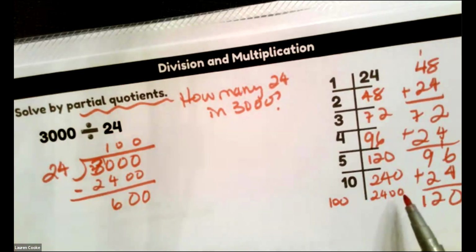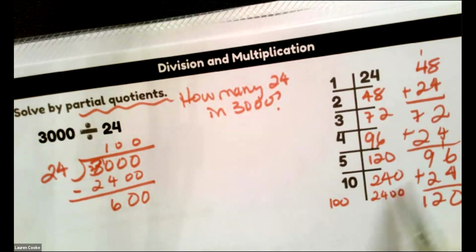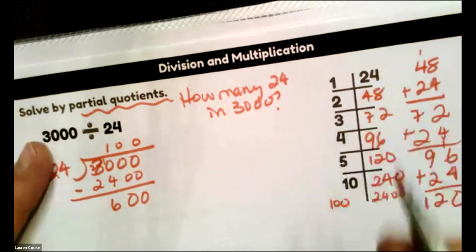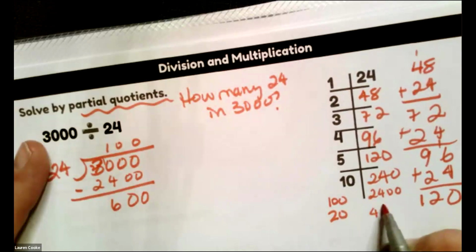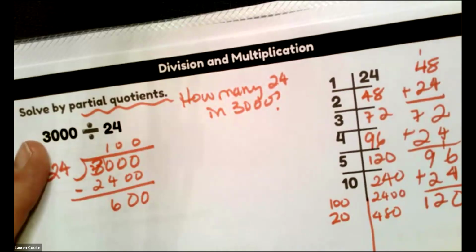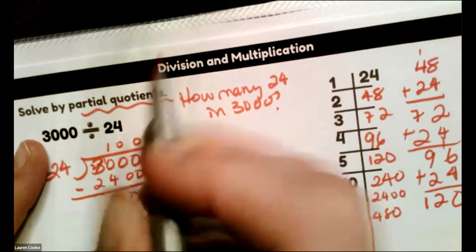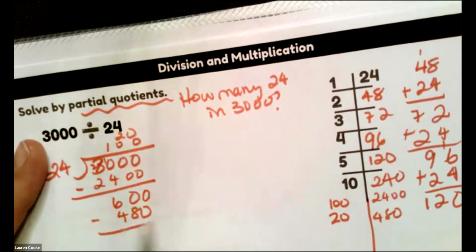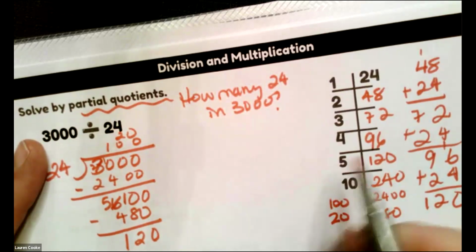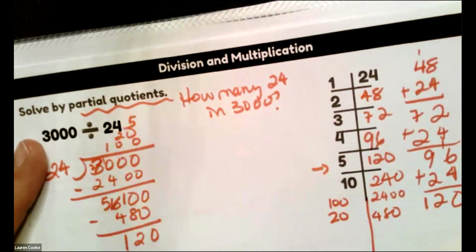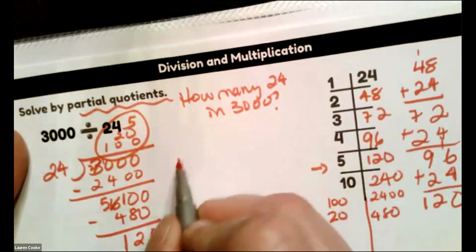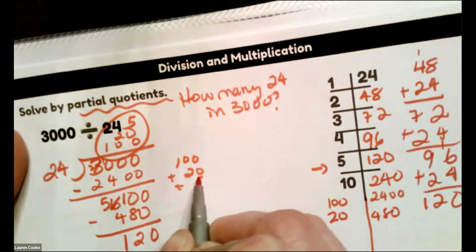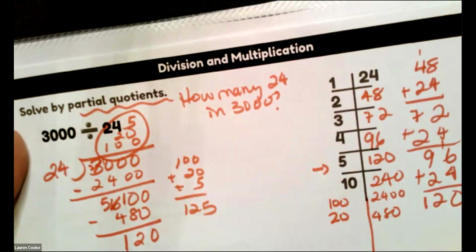And I know that 2 times 24 is 48. So what about 20? I'm going to get 480, right? So 480, and I have 20 up here. Then 600 minus 480 is 120, which I know is 5 times 24. So my quotient is 100 plus 20 plus 5, which is 125.